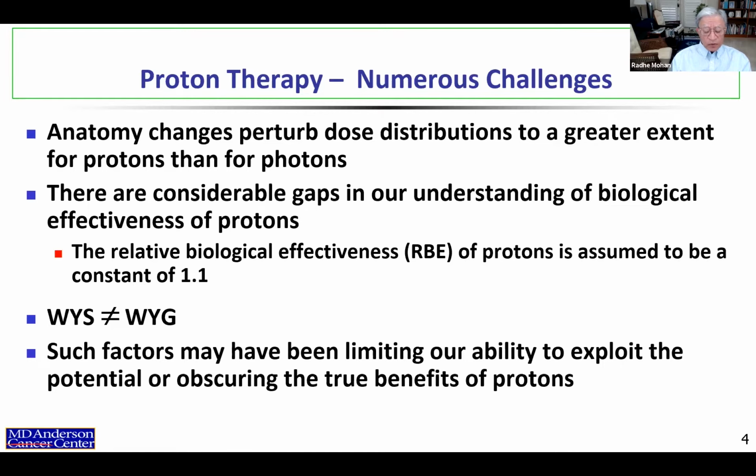I think the potential of protons is much greater than what we have been able to exploit so far. That's just my opinion. And I think we need to do certain things in order to realize that. And also the fact that these uncertainties produce large error bars in dose distributions, or biologically effective dose distributions, that may be obscuring the true benefit of protons when you compare proton treatments with photon treatments.